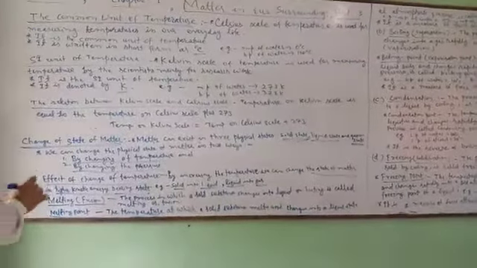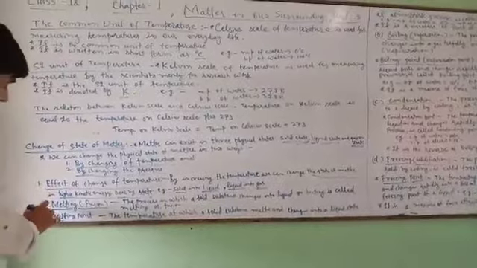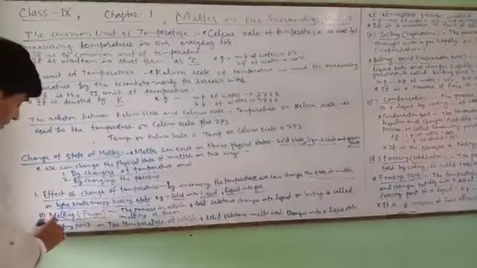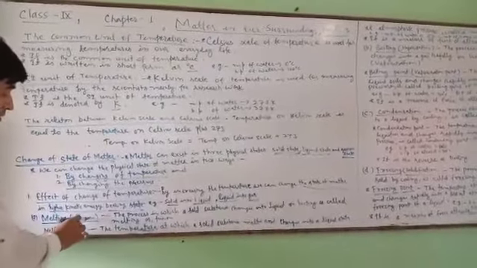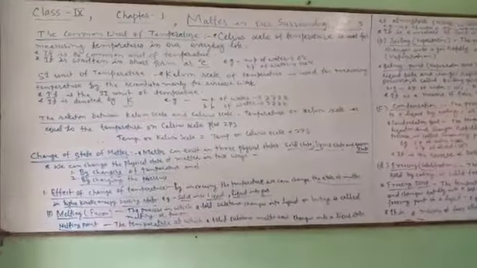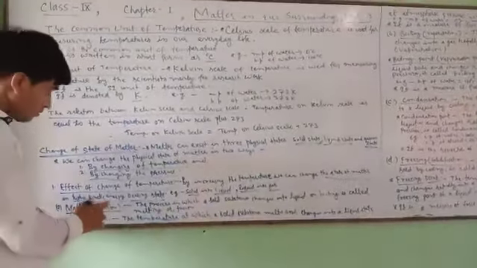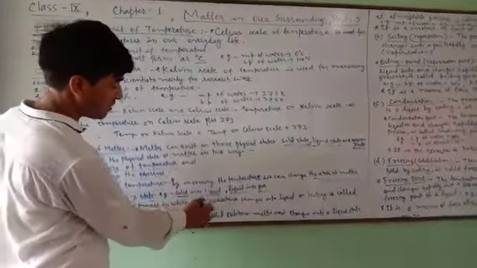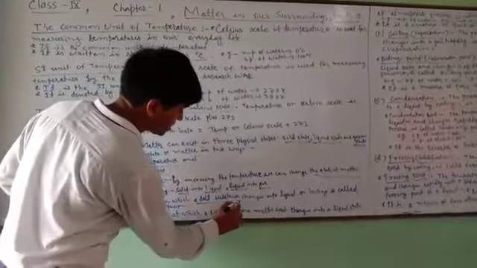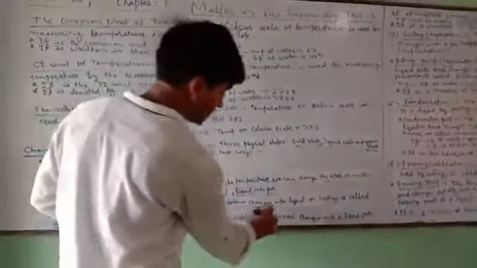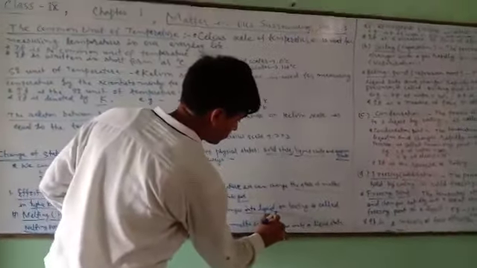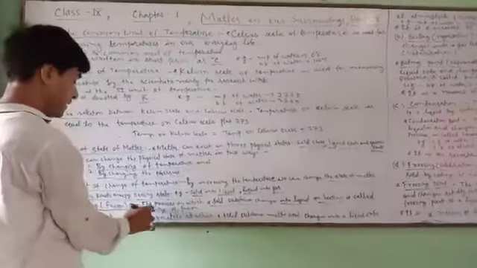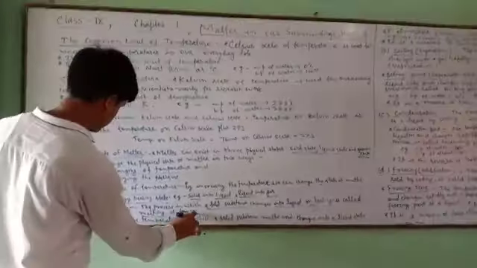Now, in this segment, we have to know some key points. The first is melting or fusion. What is melting or fusion? The process in which a solid substance changes into a liquid on heating is called melting or fusion.